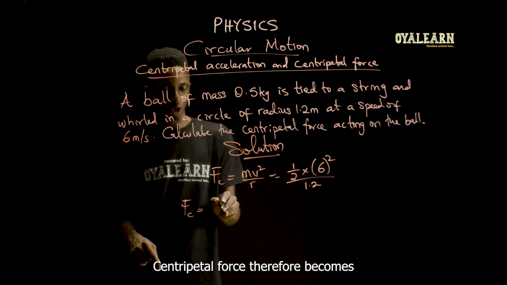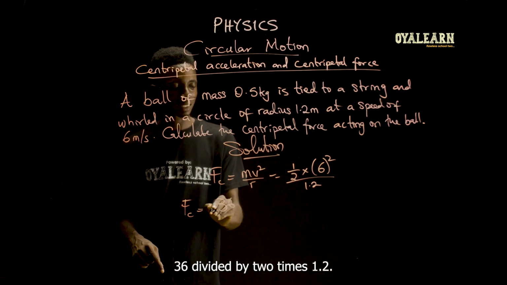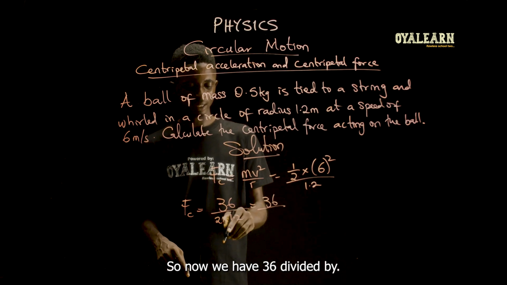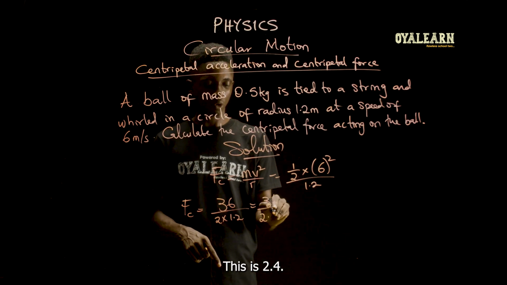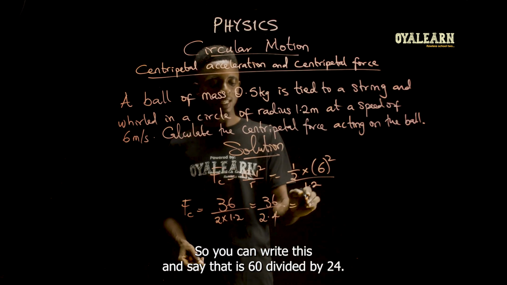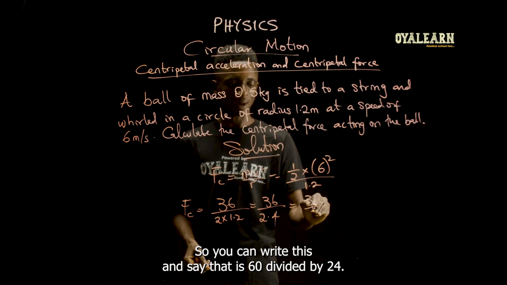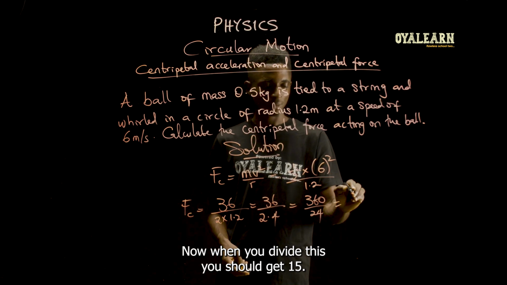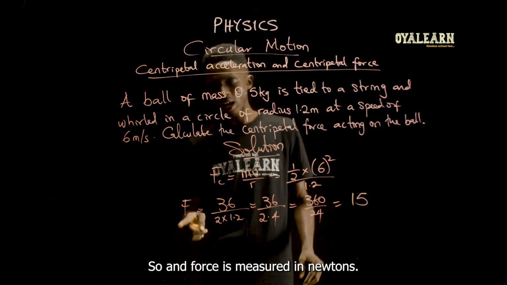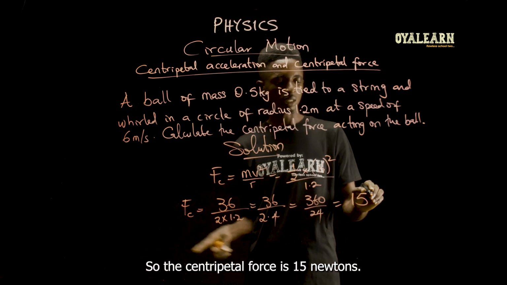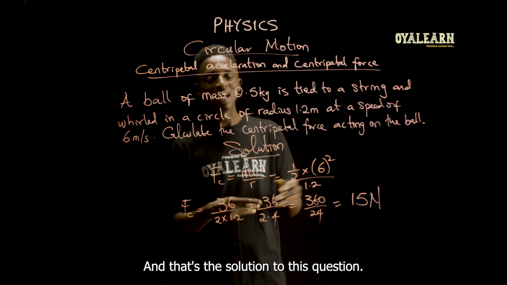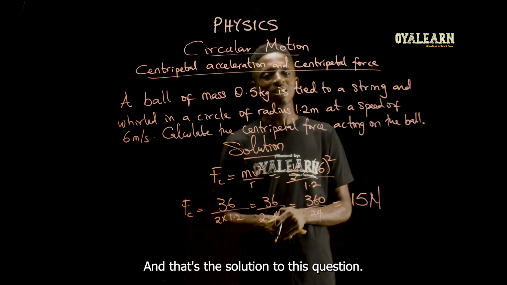Centripetal force therefore becomes 36 divided by 2 times 1.2. So now we have 36 divided by 2.4. You can write this as 360 divided by 24. When you divide this, you should get 15. Force is measured in newtons, so the centripetal force is 15 newtons. And that's the solution to this question.